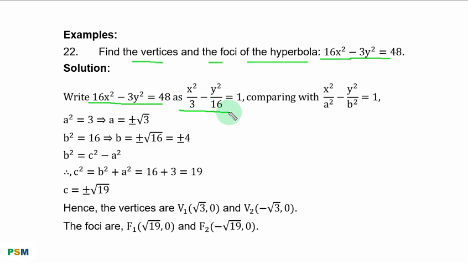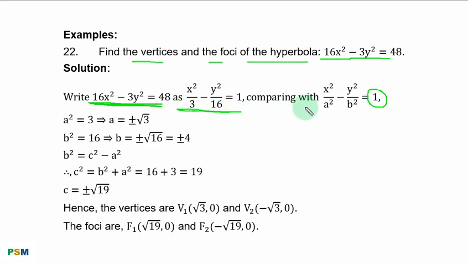That is so because in the standard form, the right hand side is always 1. To achieve that, from here you divide through by 48 and you simplify. You have it in this form.